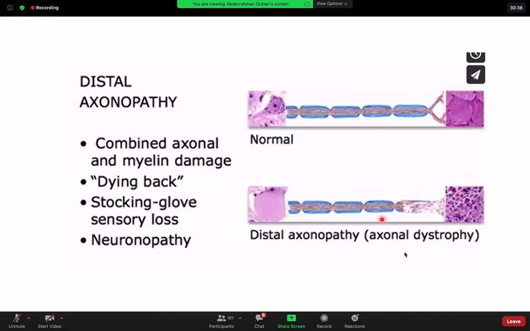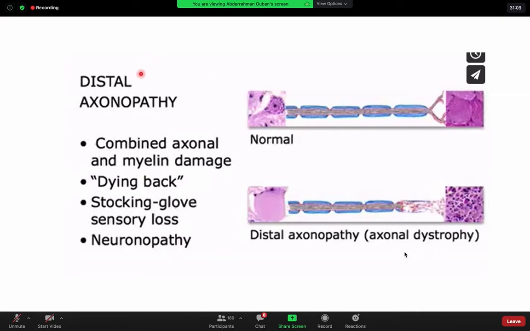Remember that, dying back, because it starts all the way from the distal and spreads backward towards the origin. This stocking glove, because it does affect the distal part very severely. Okay, and as a result of that, it will be called stocking glove sensory loss and weakness.